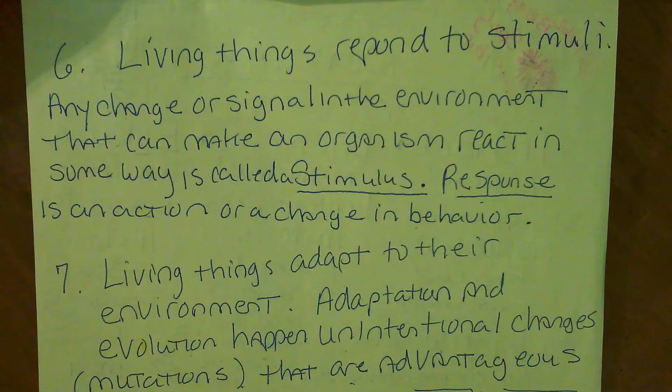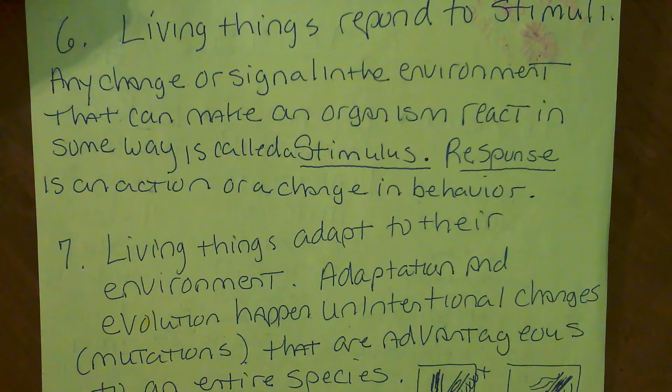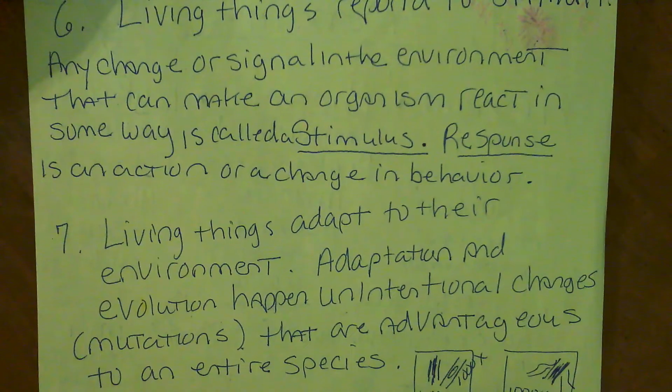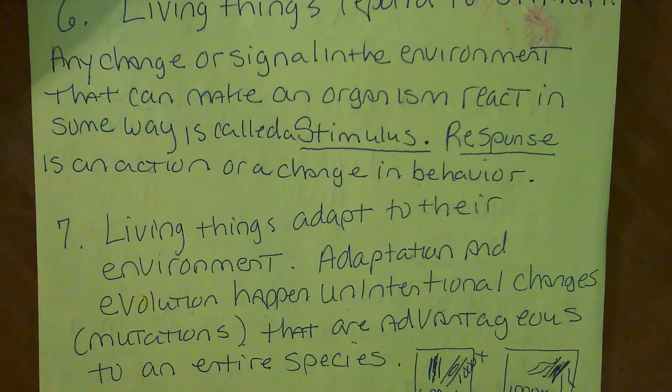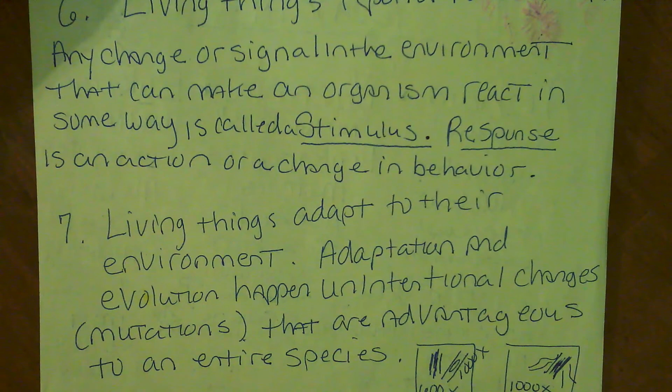Any change or signal in the environment that can make an organism react in some way is called a stimulus. Response is an action or change in the behavior. Number 7, living things adapt to their environment. Adaptation and evolution happen through unintentional changes, which are mutations, that are advantageous to the entire species.